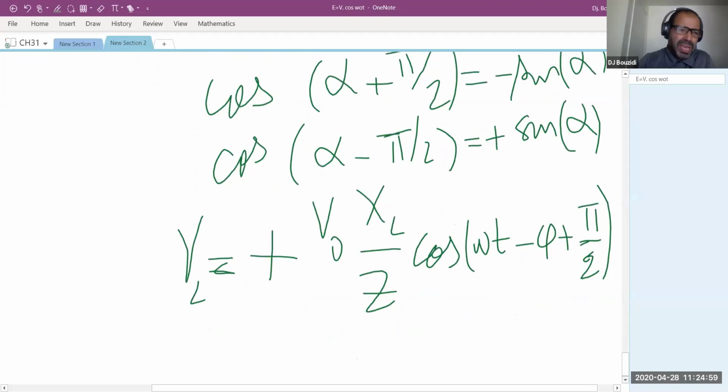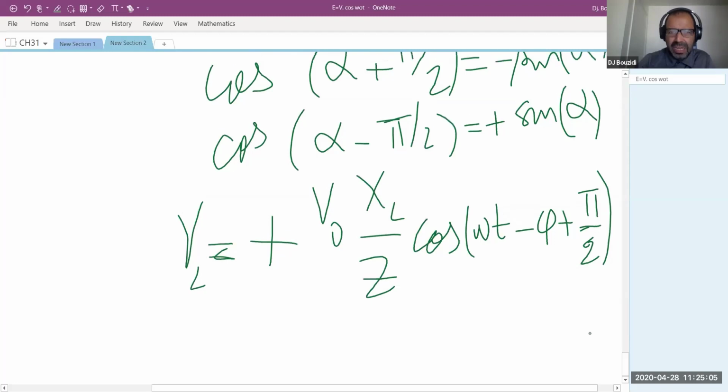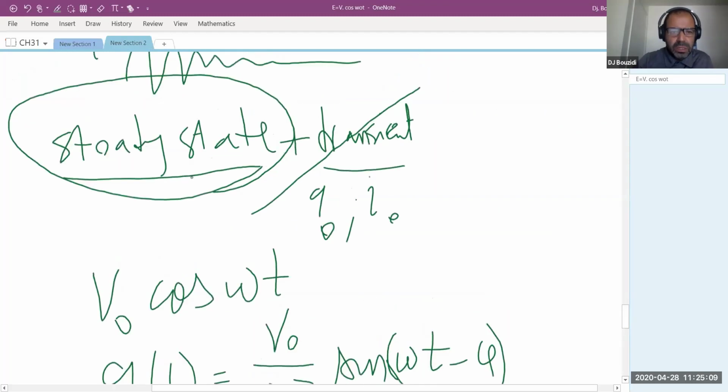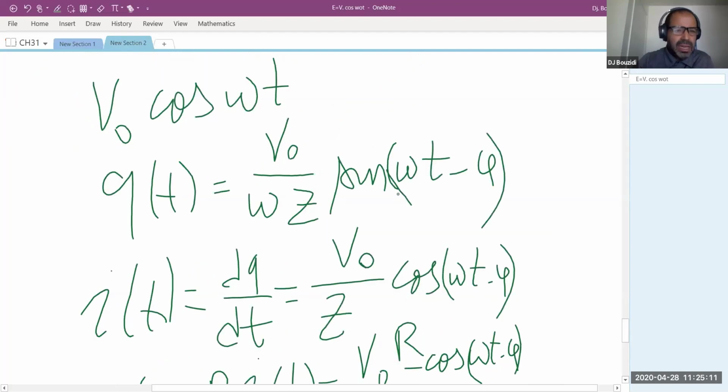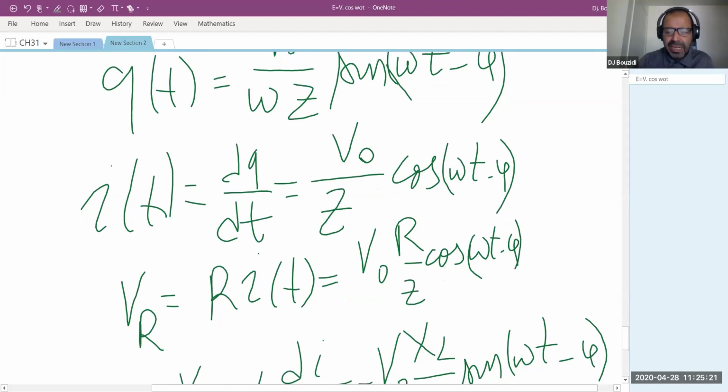If we do the same thing for the voltage across the capacitor, by the way, it's the Q itself, whatever the Q was, it's this whole thing, basically divided by C. So I will have 1 over omega times C, which is XC, and so the whole thing will have a sine in it.